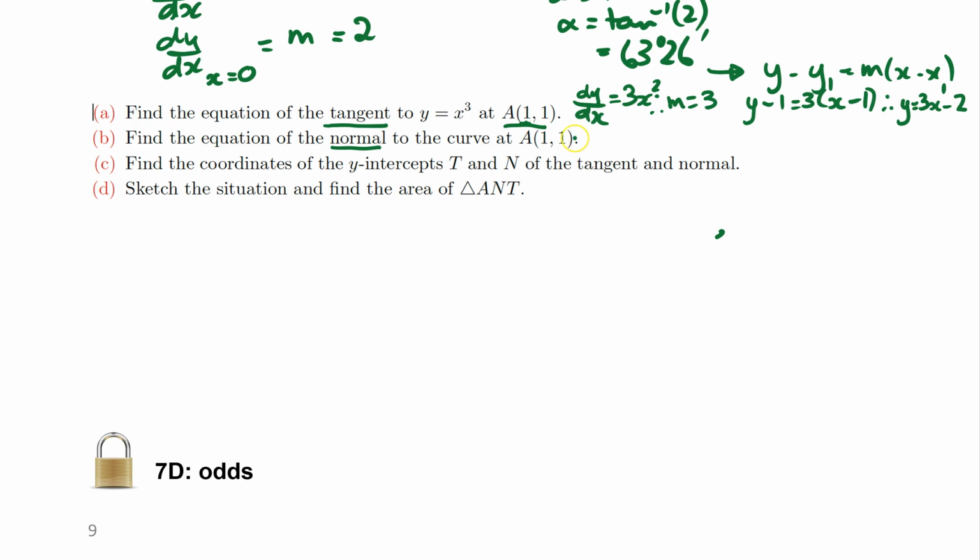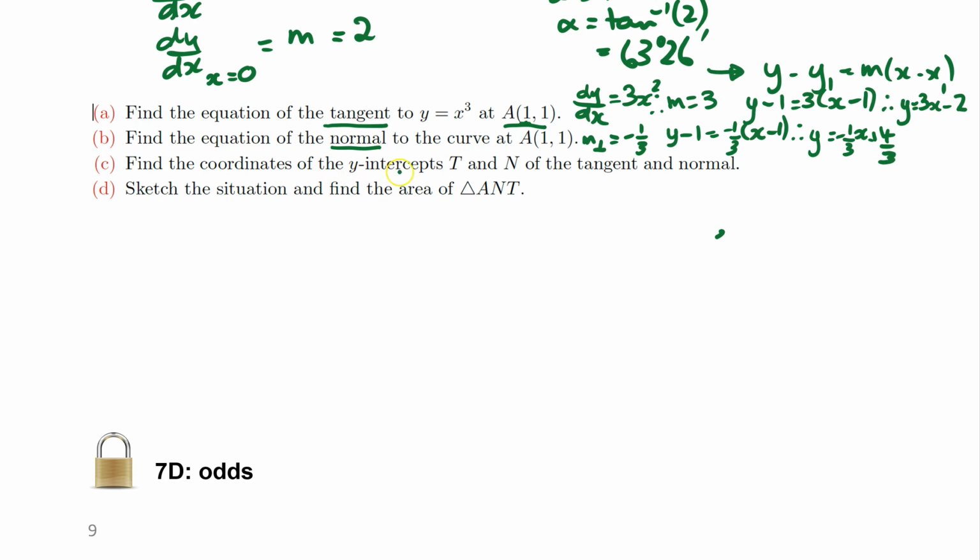Now to get the equation of the normal, the gradient of the normal is minus 1 over 3. Therefore, y minus y1 will equal minus 1 over 3 times (x minus x1). I won't multiply it through by 3, because I still want to make y the subject. So y equals minus a third x, and then if I multiply this out, that would give me plus a third plus 1, so plus 4 on 3.